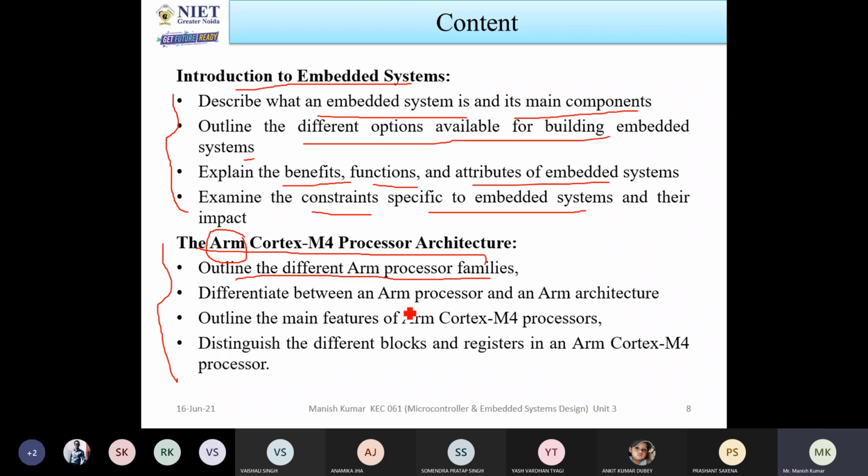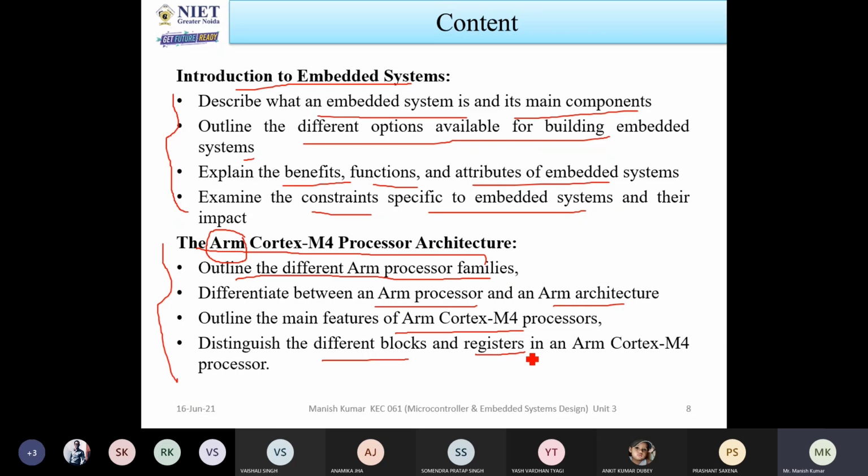And also we will discuss the difference between ARM processor and ARM architecture. And then we will discuss the features of the ARM Cortex-M4 processor. And then we will discuss the various blocks available on the Cortex-M4 and the register sets available with ARM Cortex processors. So you have to study these things.